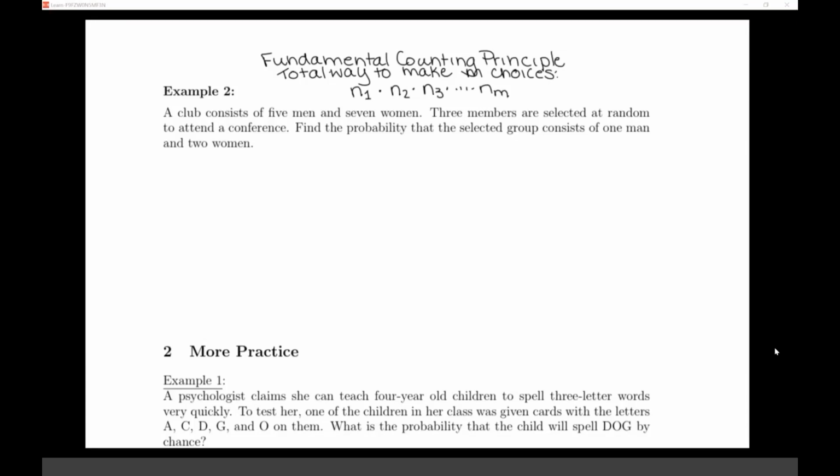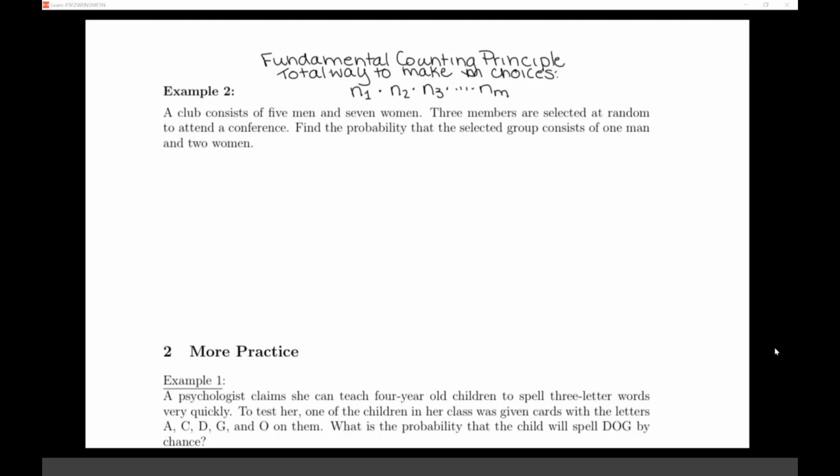We used that the last time we met on Tuesday when we had groups that were divided into separate subgroups like men and women or teachers and parents. You can consider making two separate choices there to build a larger group.